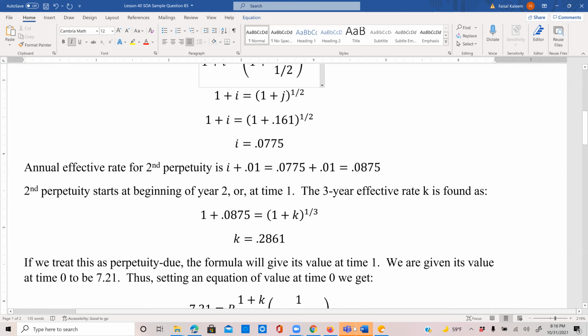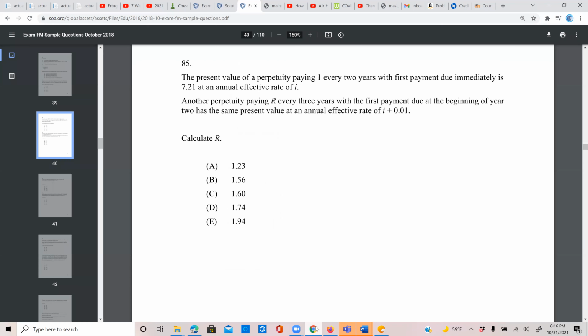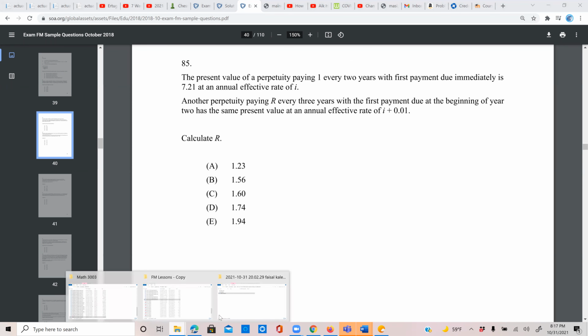Now, they tell us that the second perpetuity starts its payments at the beginning of year 2. Now, the beginning of year 2 is actually time 1, because the beginning of year 1 is time 0. And let me show you from a time diagram.